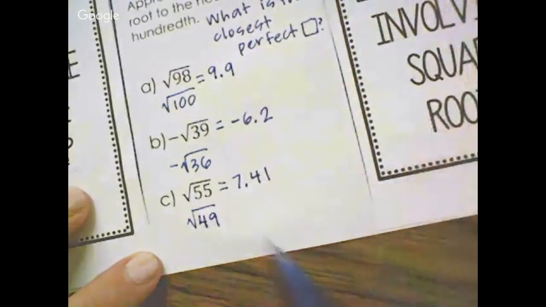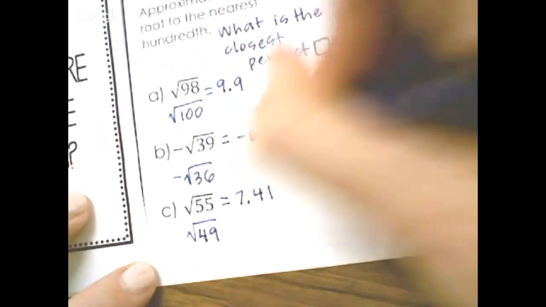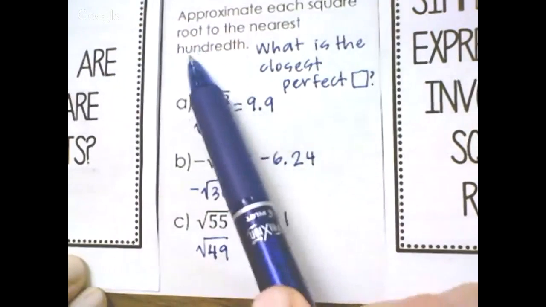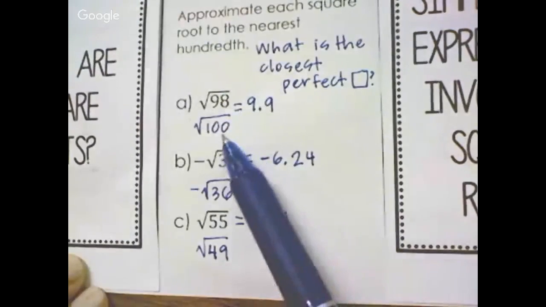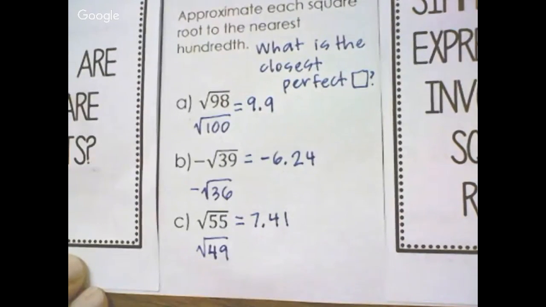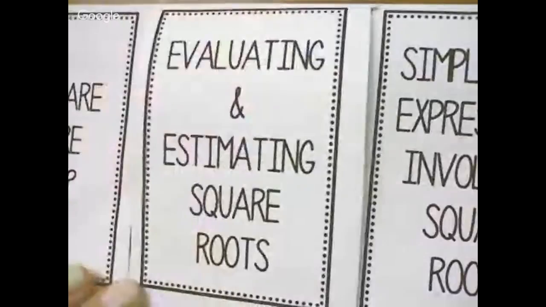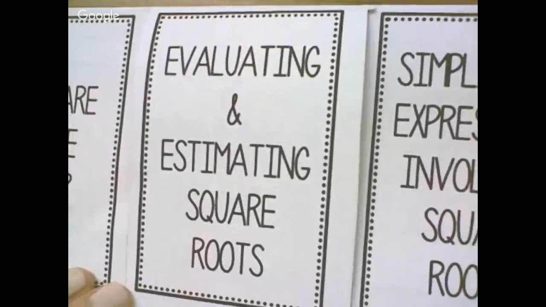Very good. So it should be close to 7. This one is actually 4 when I round. Good. So we've rounded to the nearest hundredth. We've also looked at those close perfect squares. Okay, so that's when I evaluate and estimate.